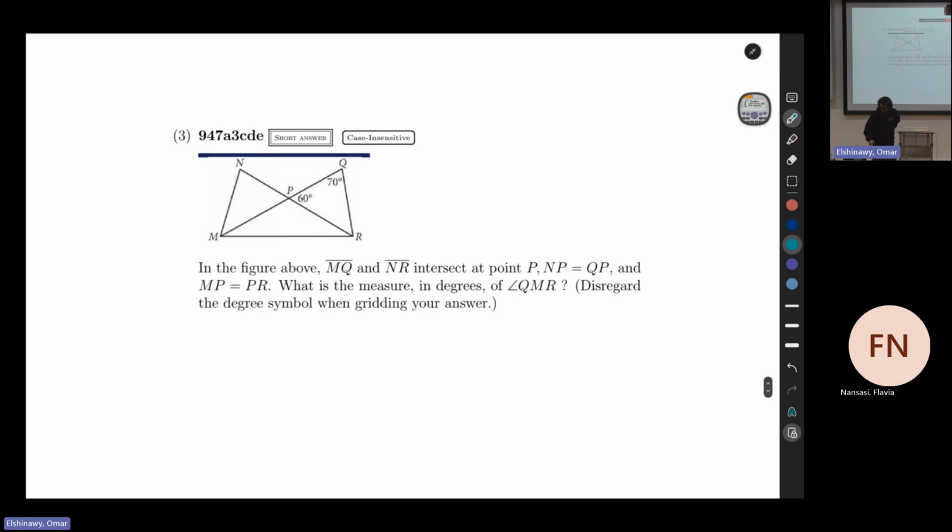Doesn't look too bad. The sides are equal for the triangle. Well, let's see. Take a moment to think about this. Might play around with the camera.